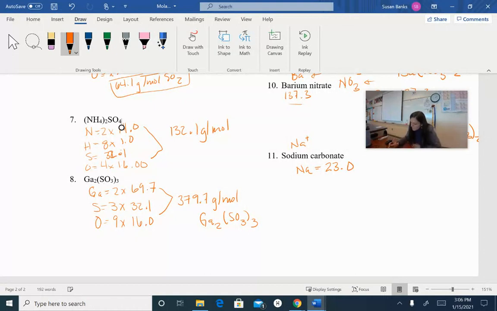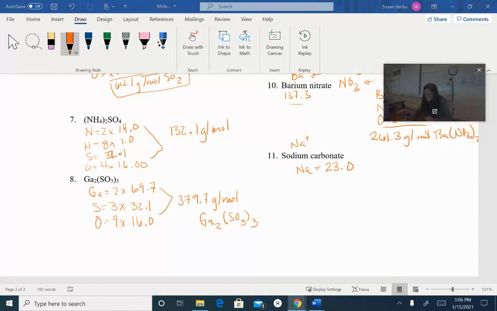23.0. Carbonate is on our polyatomic chart. If you don't have one handy, carbonate is CO3 -2. Okay, so how am I going to have a +1 matched up with a -2 and get it to equal 0? What ratio do I need? Think about that. If you said 2 sodiums and 1 carbonate group, you're right.